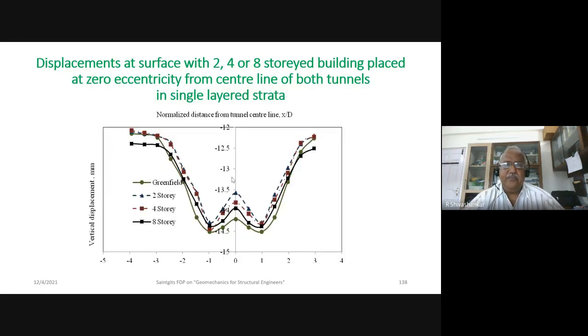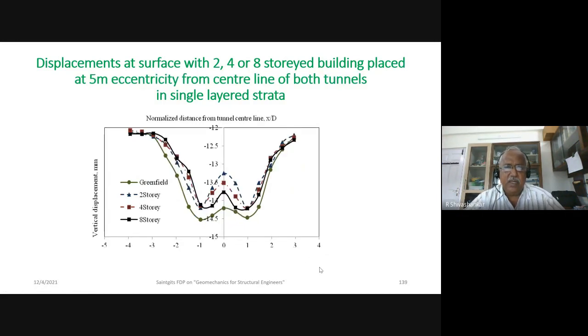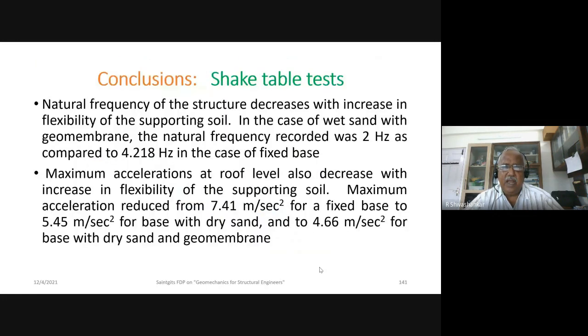So this is for two, four, and eight-storied building at the center of twin tunnels. So you will see that the greenfield is more, but when you have the construction made at the center, it has some sort of arching action, and then that reduces the settlements. So this also with the building and with the twin tunnels beneath and at 5-meter eccentricity, 10-meter eccentricity.